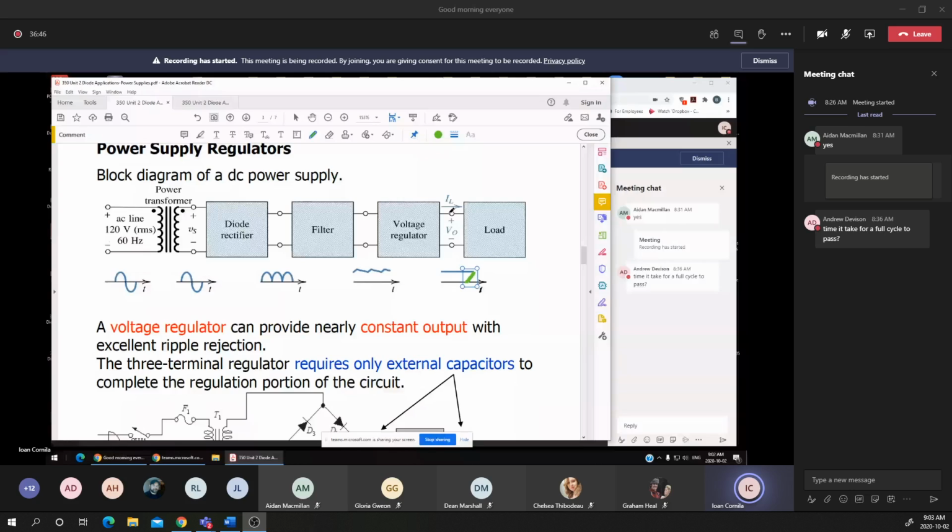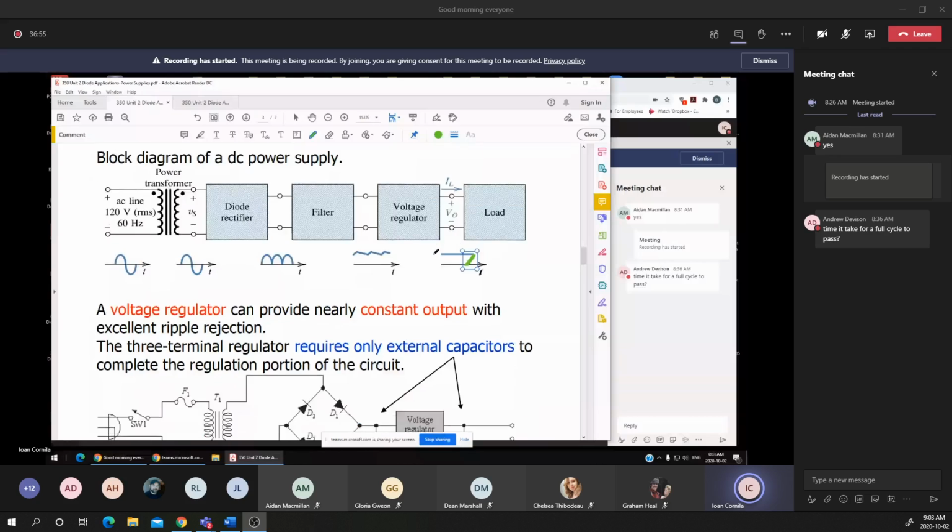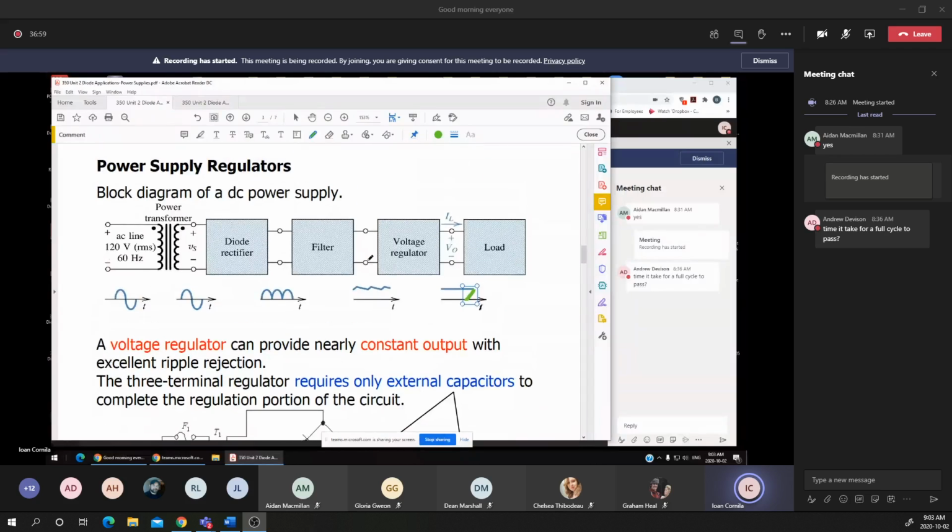Some of them do not have that, and we may actually burn the voltage regulator. But up to this point, we may see those 5 blocks of a power supply or power supply regulators.